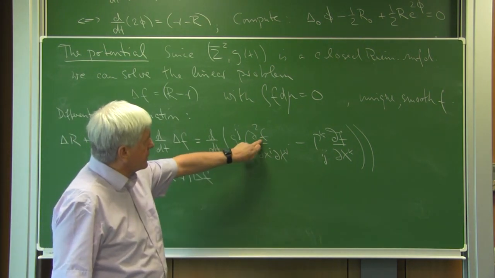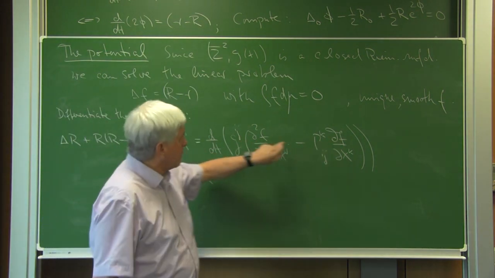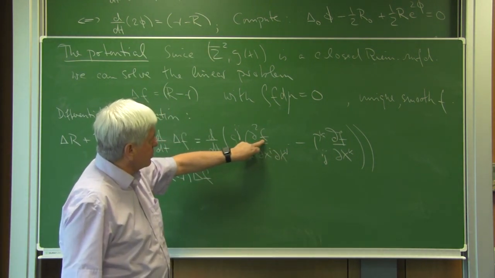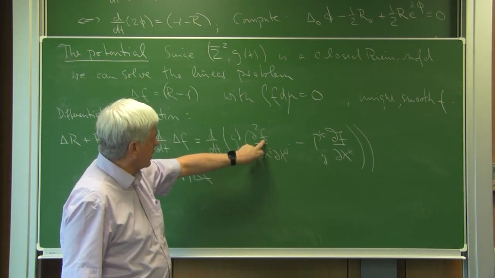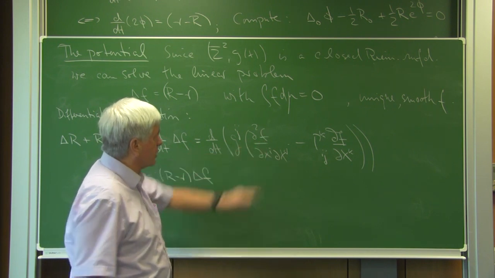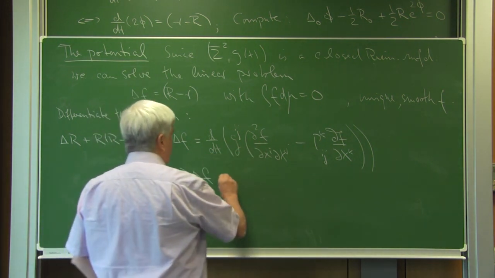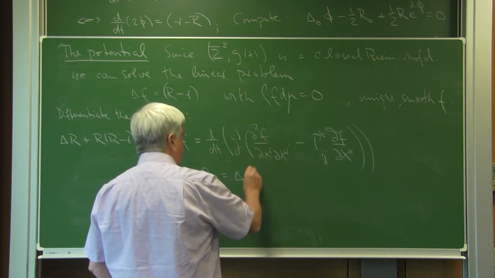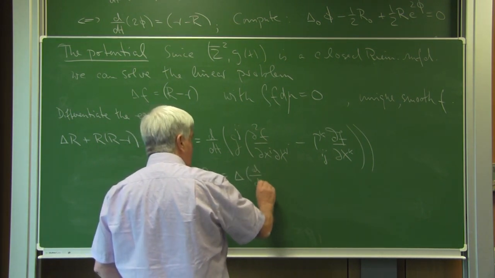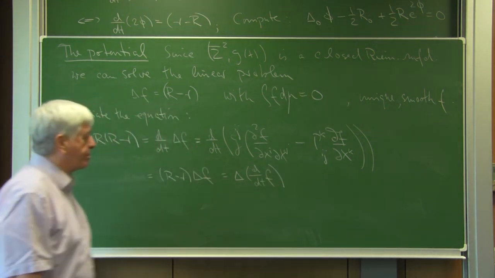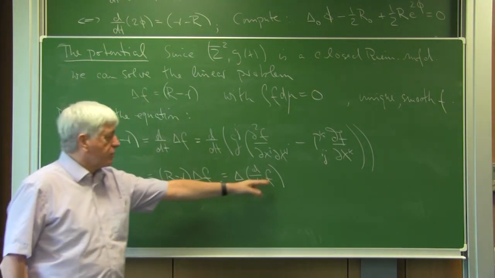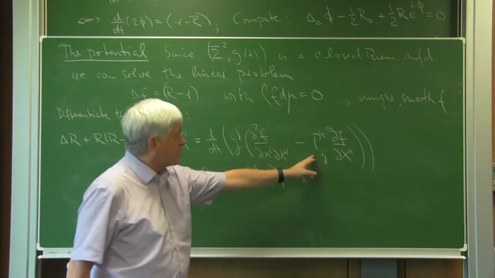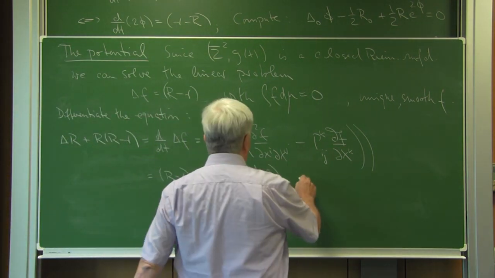Then I have to differentiate the f here. If I differentiate the f, then I just can insert the evolution equation, I just insert d/dt f, and what I get is the Laplacian of d/dt f, which is good because we want to solve for d/dt f, we want to know what this is, but we get an extra term from the Christoffel symbols.